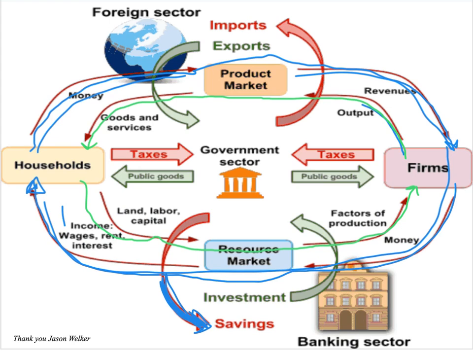It's called a loan, and they loan it out to people who say want to, I don't know, buy a house. So this right here, investment, is money coming back into the system in the form of, let's say, a house loan. Okay, so while the savings are a leakage, investments actually, in some respects, are that same money coming back into the system in the form of a loan.